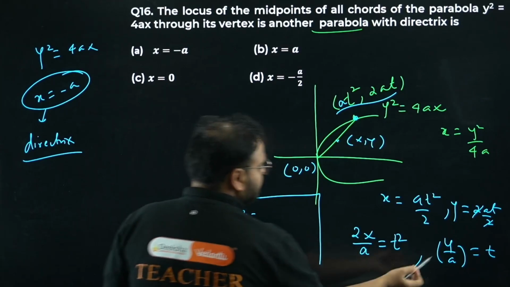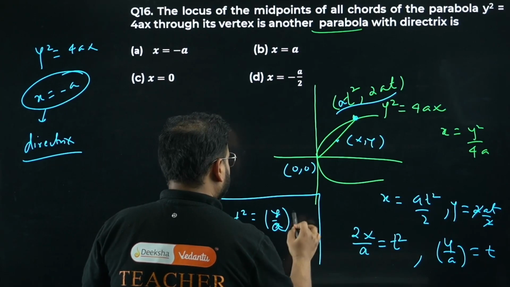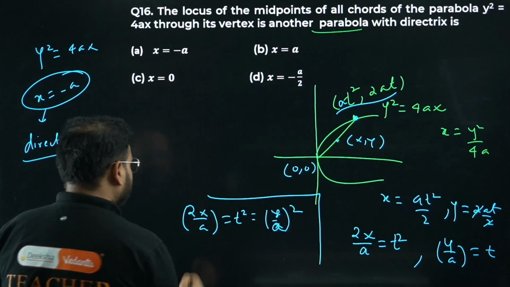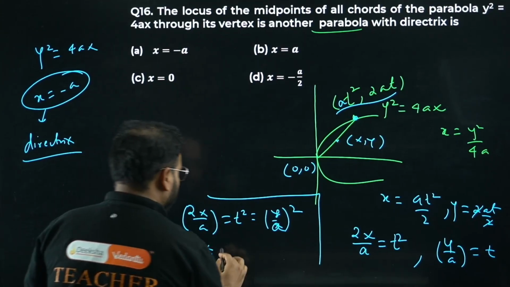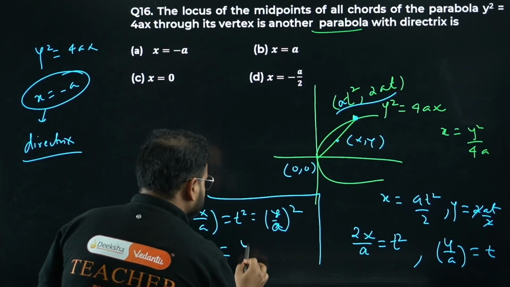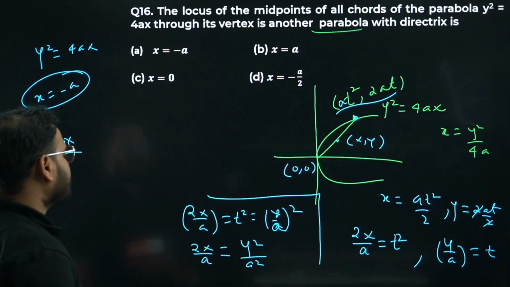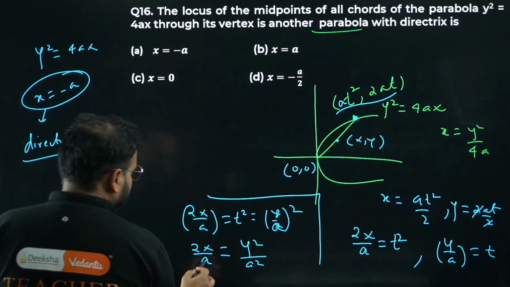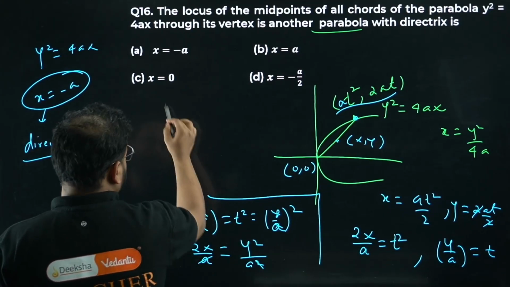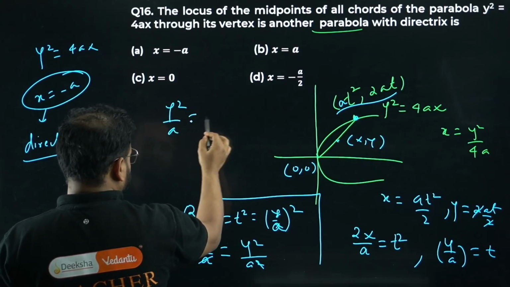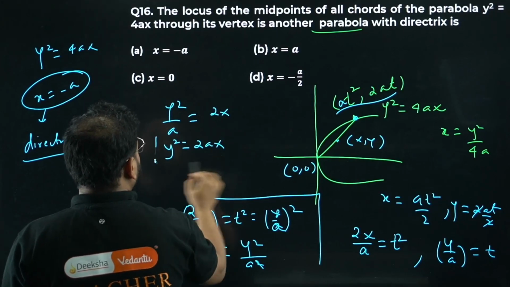I can write t square as y by a the whole square, so 2x by a equals y square upon a square. Cancelling, I get y square upon a equals 2x. It means y square equals 2ax is the equation.